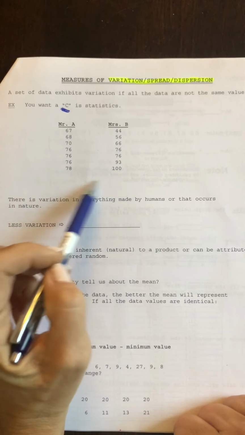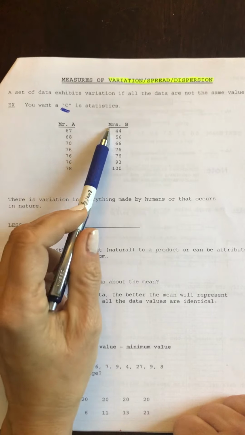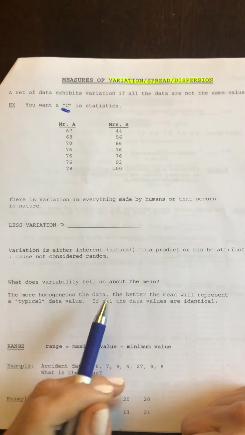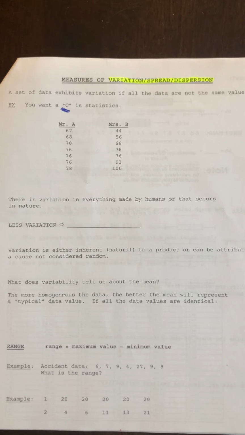So you wander up to the math department and look for grades, and you find these two teachers, Mr. A and Mrs. B, who teach statistics, and these are the grades that they posted for last semester. Of course, these lists would be much longer, but for the sake of lecture, these are a short list.